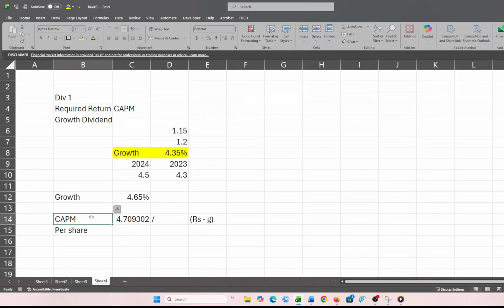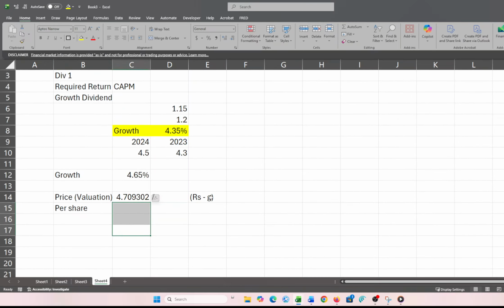When I put CAPM here, I see equals. CAPM is that RS. What we're trying to find out is the price. Just notice when I was talking, I did it wrong there. So we want to know the valuation of it. The price of the stock would be that dividend for the next period divided by the CAPM, the RS, required return, minus G. Okay, so that's going to give you a per share.